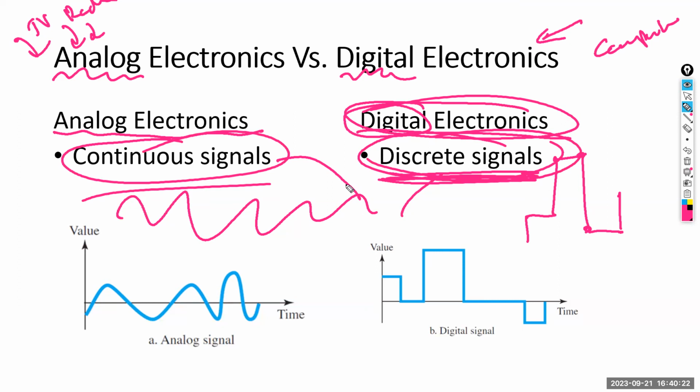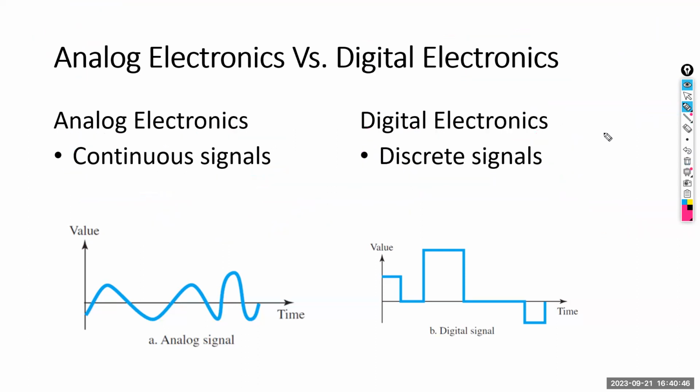So a computer is a digital electronic device. A computer internally generates, transmits, and processes digital signals, or discrete signals. So that is why the computer is different from radio and television. Okay. But when it comes to digital electronic devices, it doesn't mean that they are operating 100% at the digital level.